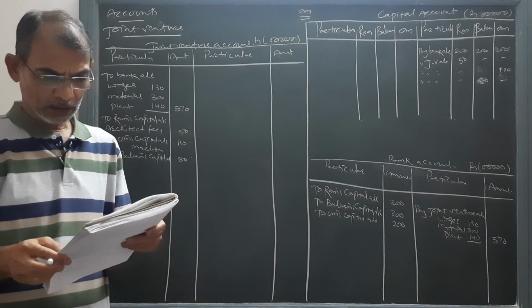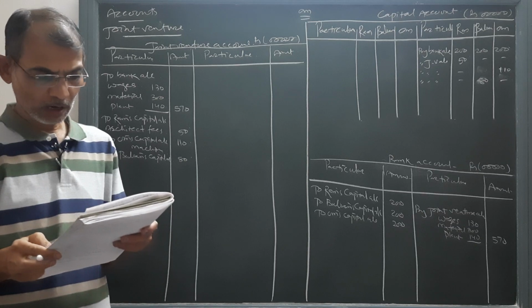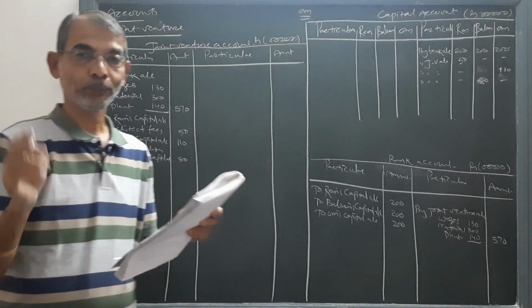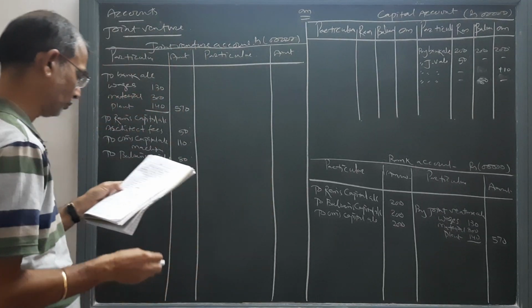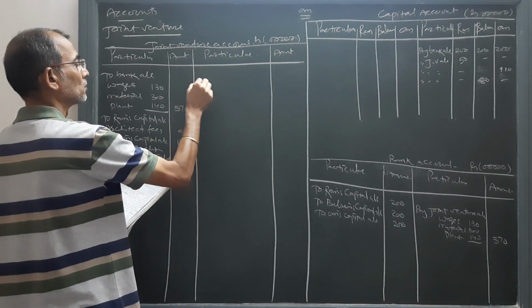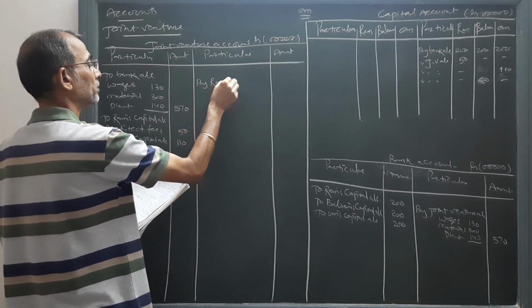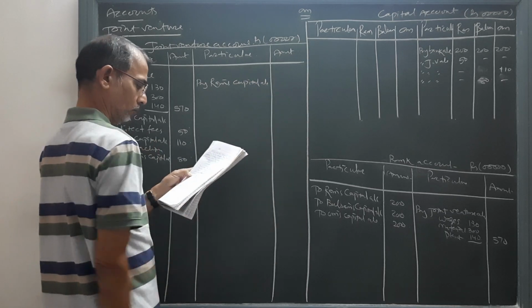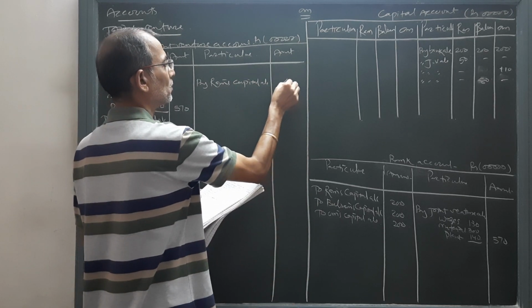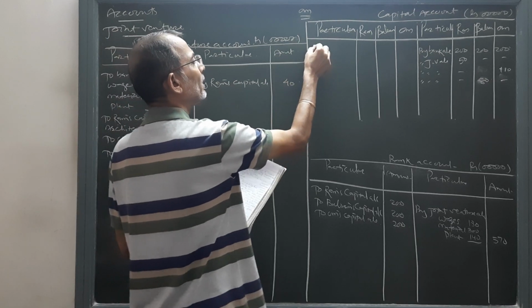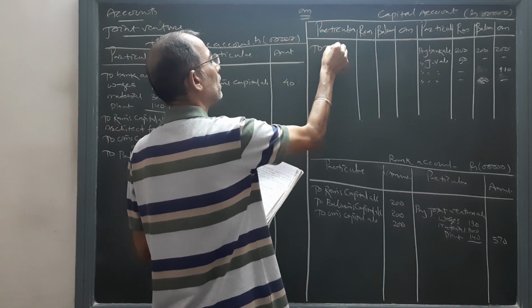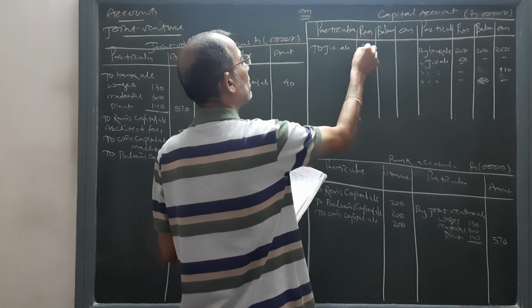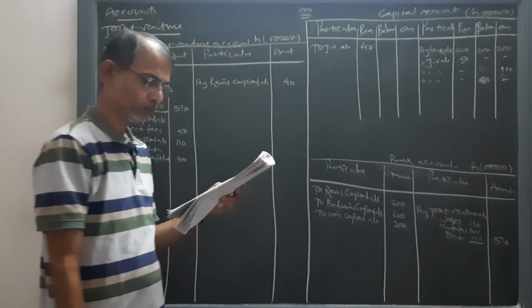Then on completion of work, Ram took material of rupees 40 lakh. So on the debit side of the capital account, joint venture account, Ram 40.